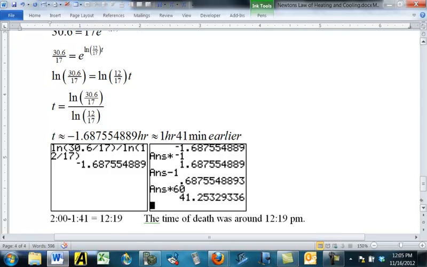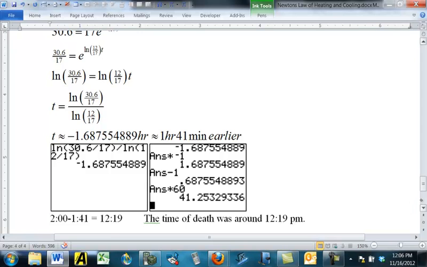Well, okay, let's convert that to hours and minutes. First of all, I'm just going to forget the negative. I multiplied by negative 1 here in my calculator and got a positive 1.68 whatever. Then I took away the 1, so I know it's 1 hour. I want the decimal part to be in minutes.